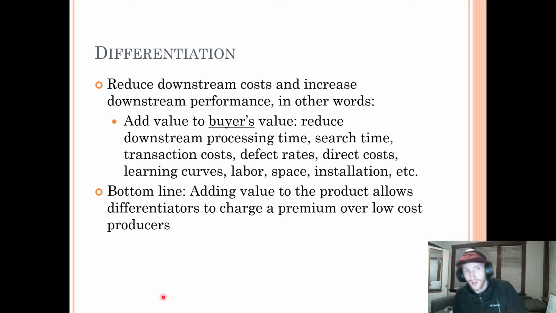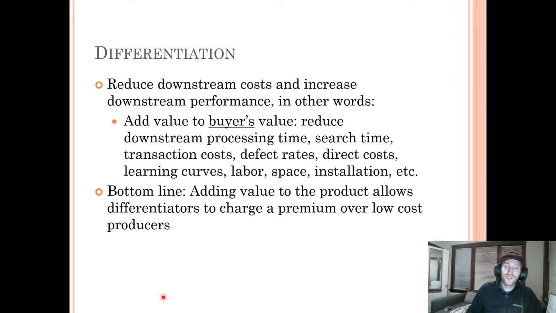All right. So differentiation strategy. Essentially, by either reducing downstream costs or increasing downstream performance for our customers, all right, essentially what we're saying is we are adding to the buyer's value. All right. So let's say we are reducing their processing time, reducing their search time, or reducing something called transaction costs or defect rates or direct costs or learning curves.